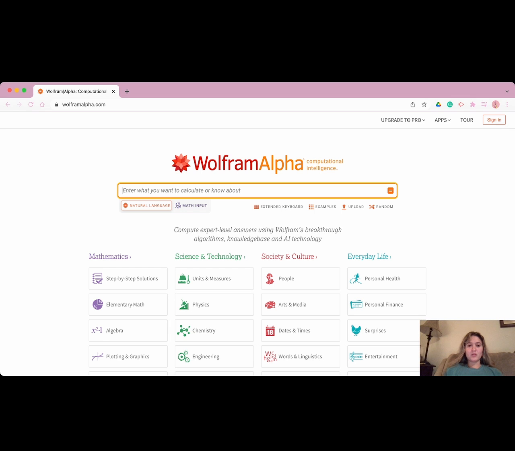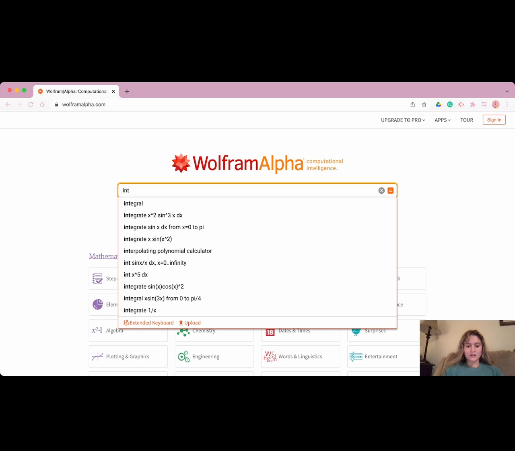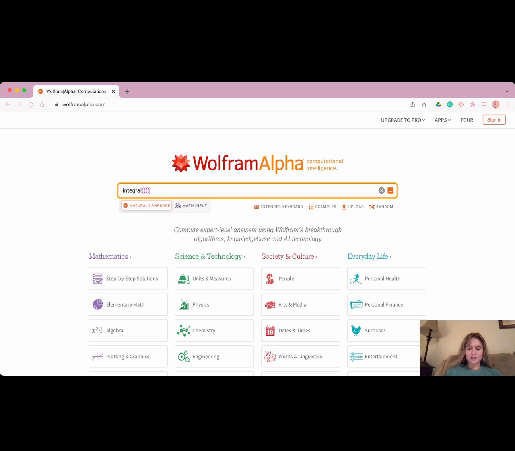So now I have open Wolfram Alpha, and we're going to go ahead and type in that very first section. So we're going to say the integral, with parentheses here, of C over T divided by hyperbolic sine of C over T, and the whole thing is squared, and this is going to be with respect to T. Let's get the parentheses here.